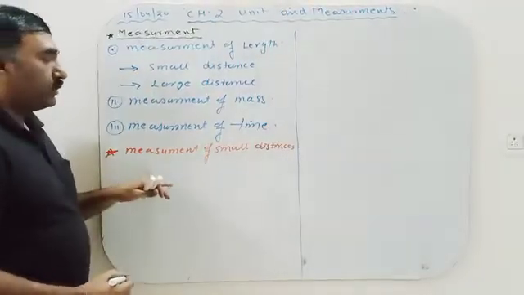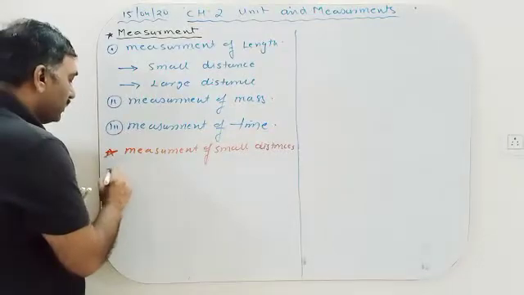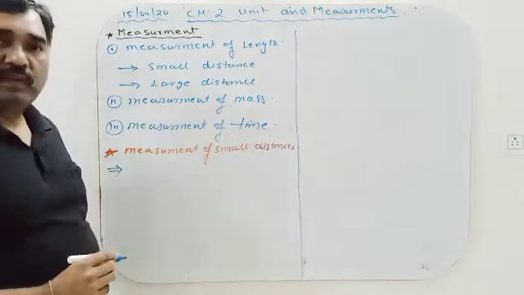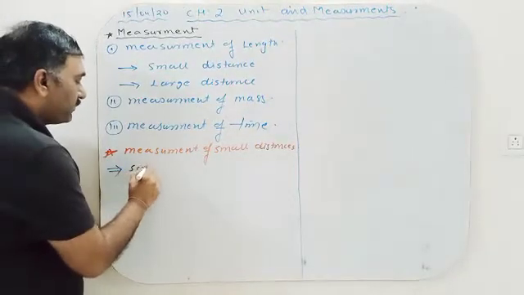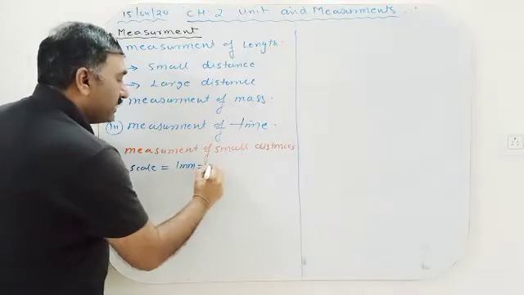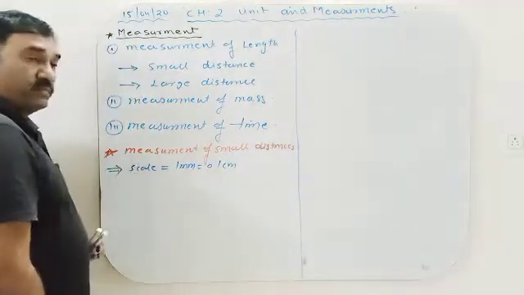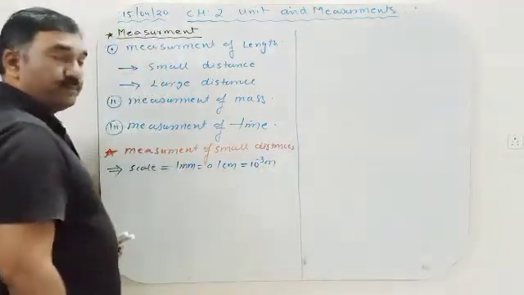How small? By the help of a scale, we can measure the smallest distance of 1 millimeter, that is equal to 0.1 centimeter, or we can also write that as 10 raised to power minus 3 meter.